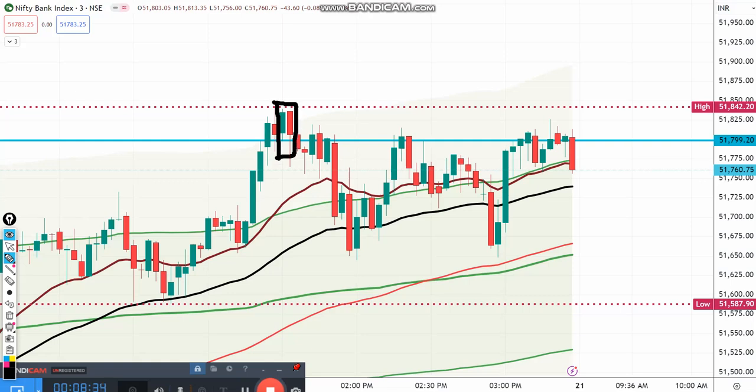A blue candle followed by a bigger red candle. So this is a tweezer top. I observe that this is a tweezer top.